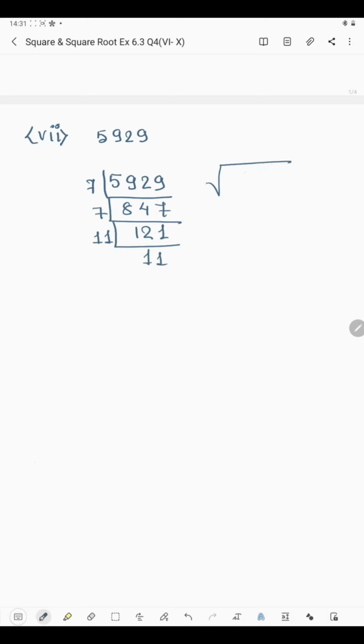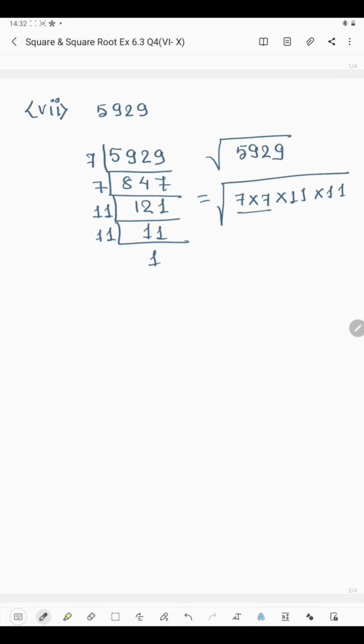So the square root of 5929 is 7 into 7 into 11 into 11. From 2 7s we will take one 7, and from 2 11s we will take one 11. So the square root of 5929 will be 77.